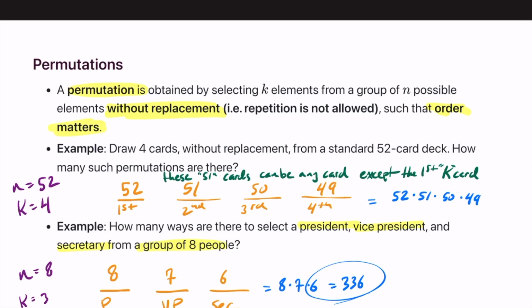Let's see. 8 times 7 times 6, yeah, 336. Okay.